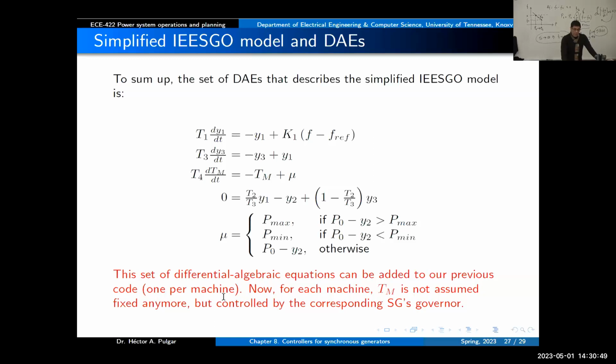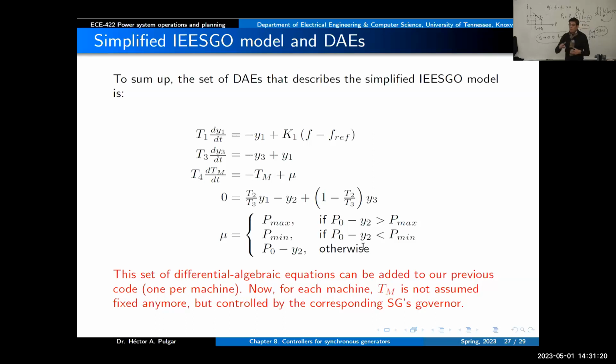To sum up, the model for this simplified steam turbine and governor is given by these three differential equations, one algebraic equation, and this definition of the variable mu that can take three values depending on the value we obtain for P0 minus Y2.